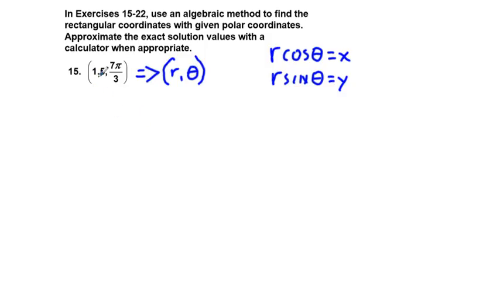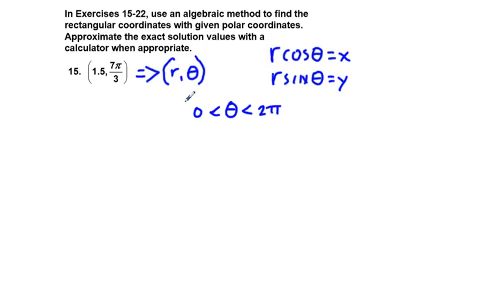In the first one, we have a radius of 1.5 and an angle of 7 pi over 3. Well, what we try to do is get an equivalent angle between 0 and 2 pi.